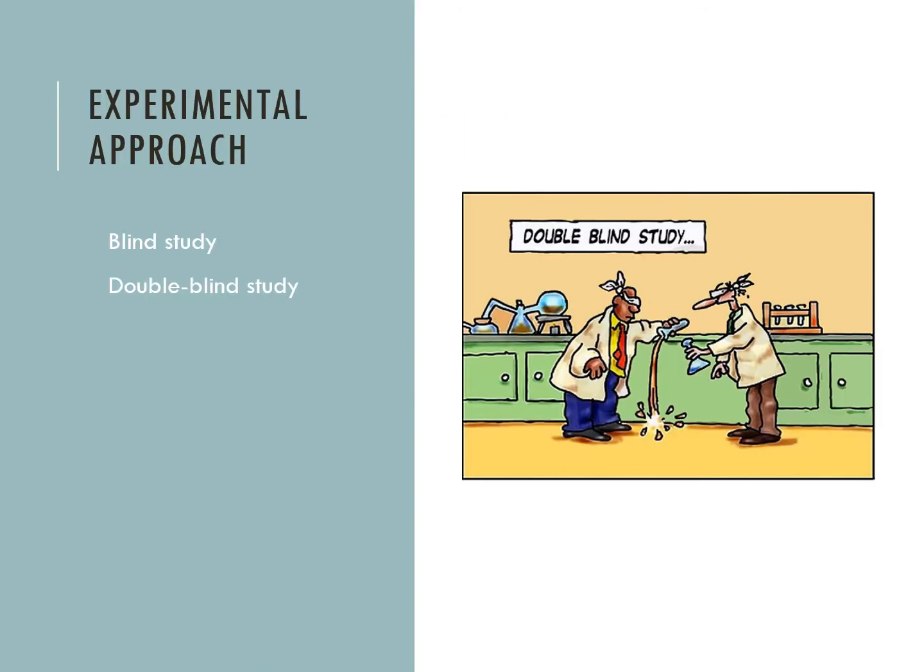All right. Another very common approach when you are conducting research is to have a certain amount of blinding. A single blind study means that the participant doesn't know if they are receiving the intervention or the control.